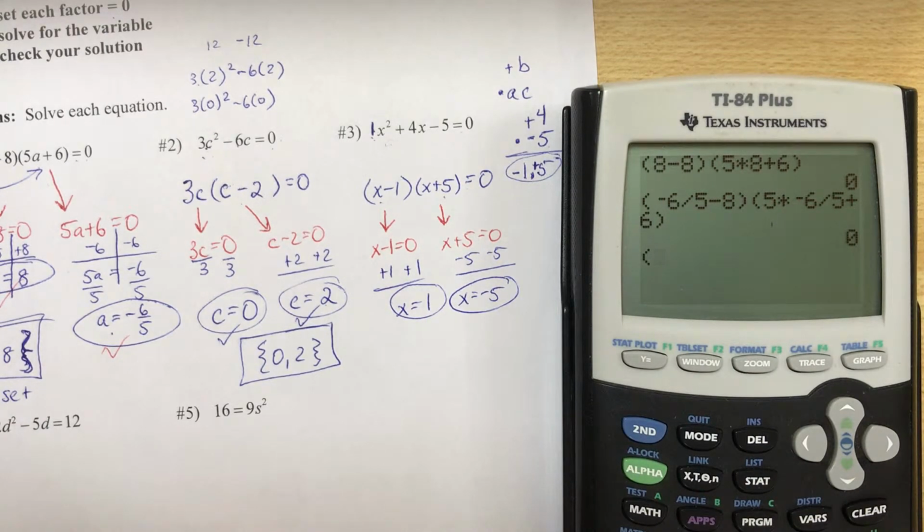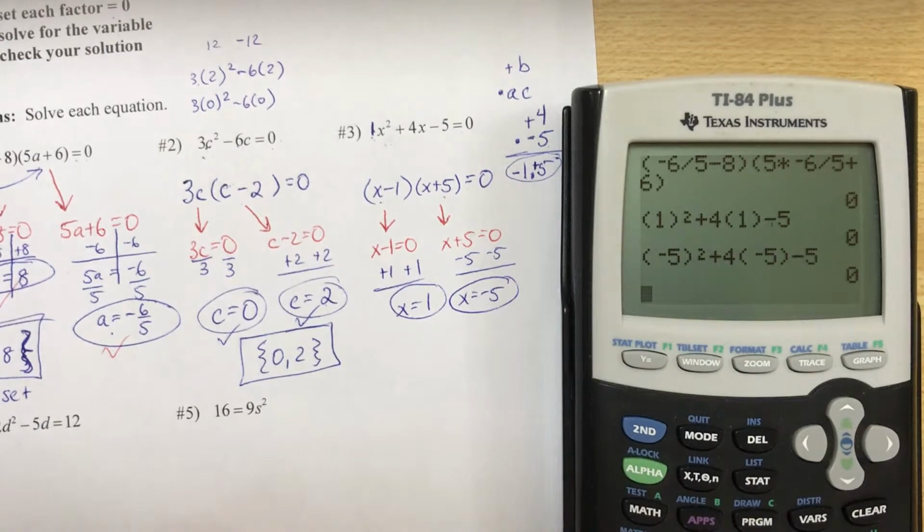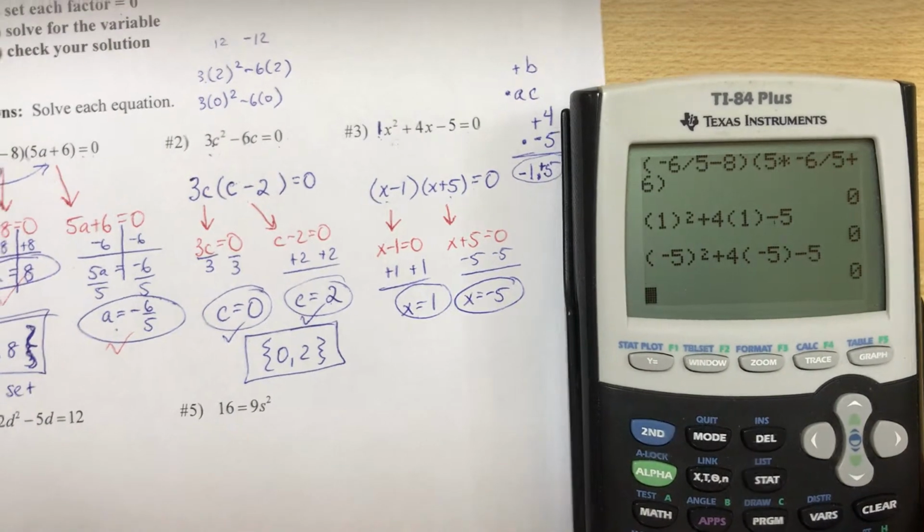So it was, let's see, let's plug in 1 first. So it was x squared plus 4x minus 5. Do we get 0? Yes, we do. Perfect. And what if we plug in negative 5? So x squared plus 4x minus 5 also equal to 0. So it fits.